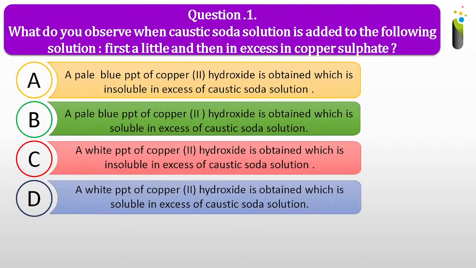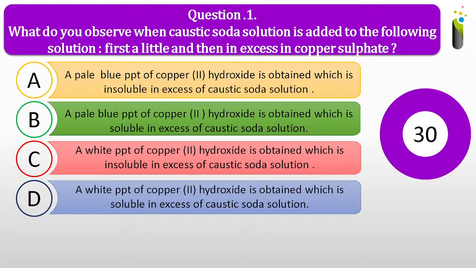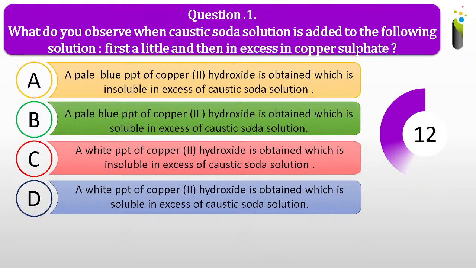D. A white precipitate of copper hydroxide is obtained, which is soluble in excess of caustic soda solution. So, what do you observe when caustic soda solution is added, first a little and then in excess, to copper sulfate solution?